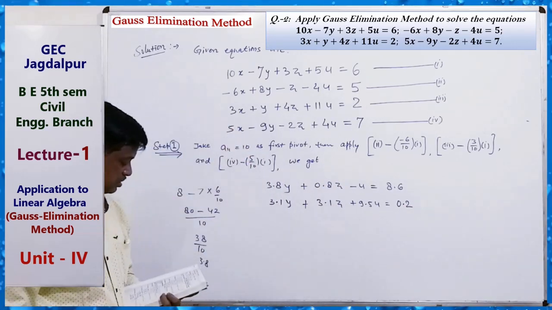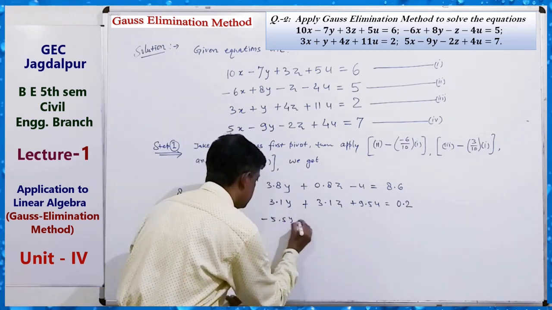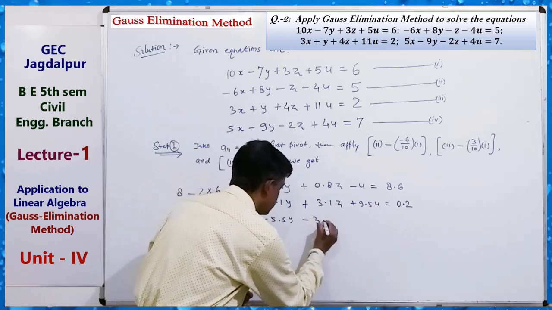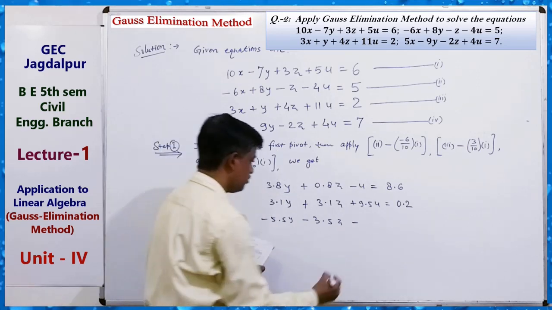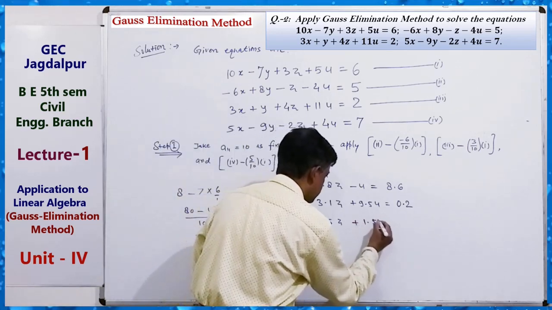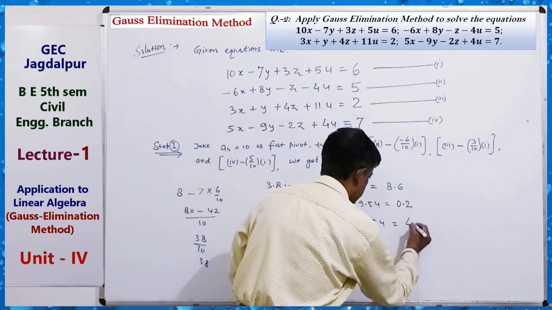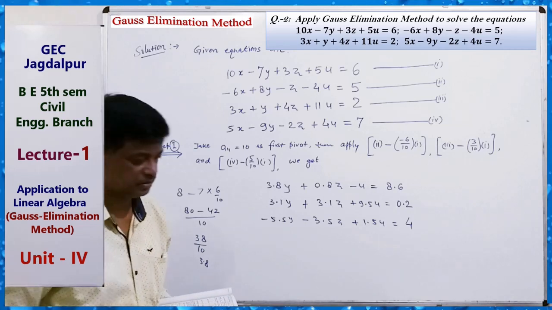And third equation, minus 5.5y, and minus 3.5z, plus 1.5u equals 4. Clear? This is the first step.